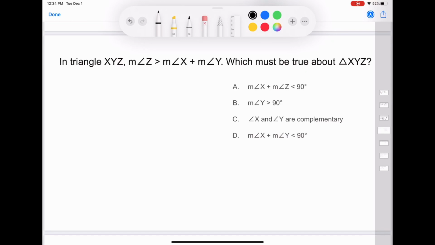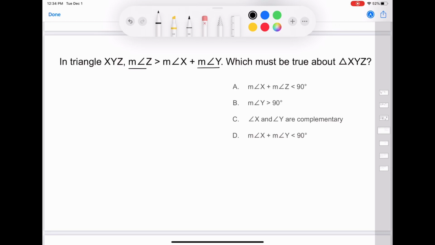So, if we considered that, then the measure of angle Y in that instance would be greater than the measure of angle Z, right?